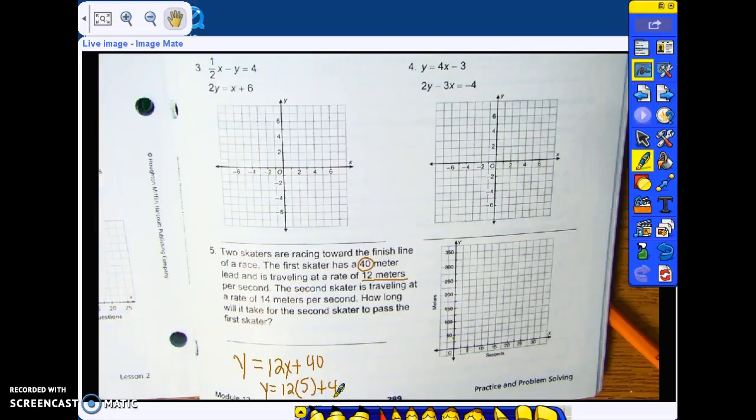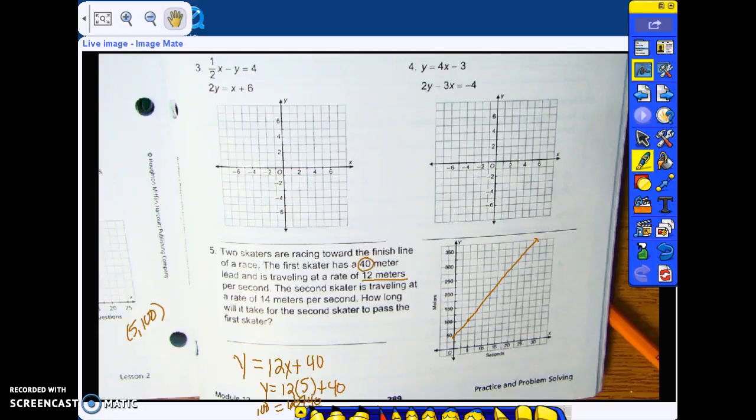We know that 12 times 5 is 60, and 60 plus 40 is 100, so we have the point 5, 100 for our first equation.